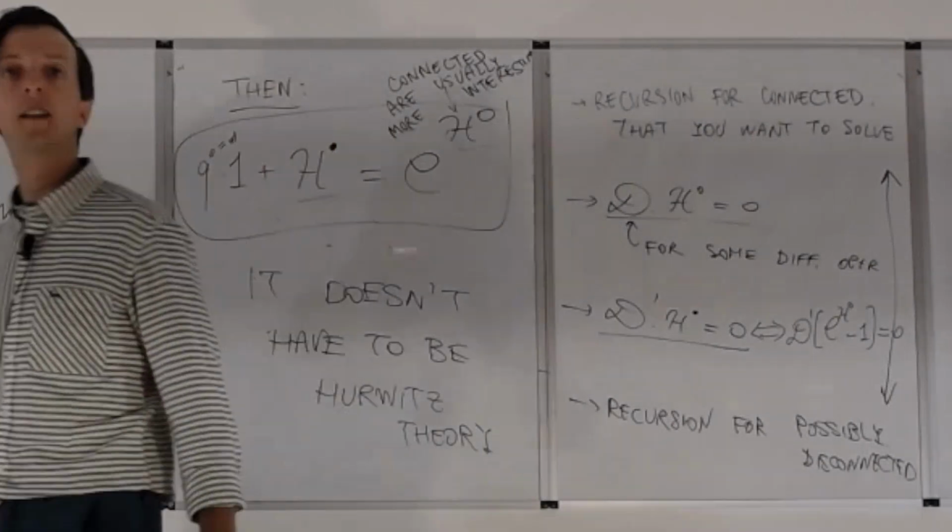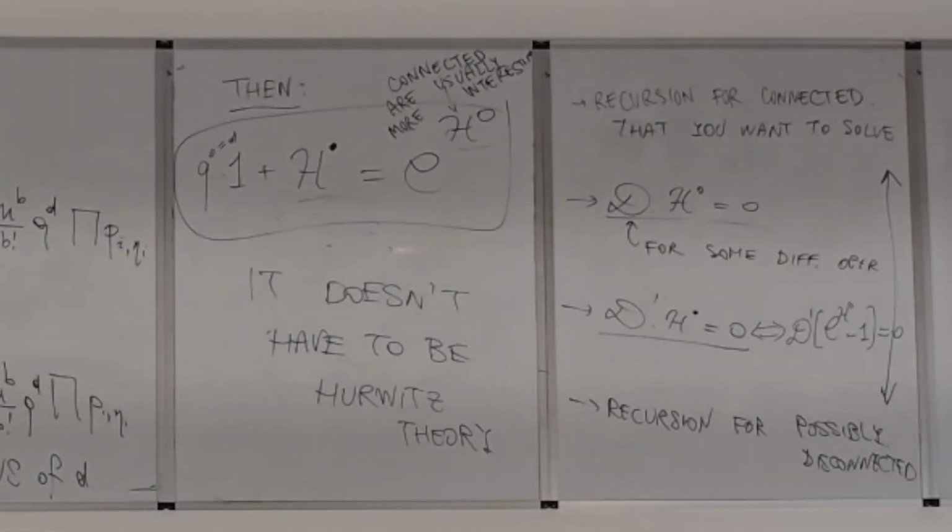For me, it's not so obvious. I can see the relation between connected and disconnected as a kind of truncated exponential. I take the exponential, I take its series expansion, I truncate. So for this reason, I can imagine that going from something I know for H connected to something for H disconnected is simple because I just take the dominant term.